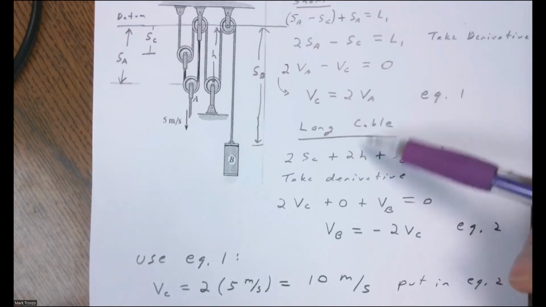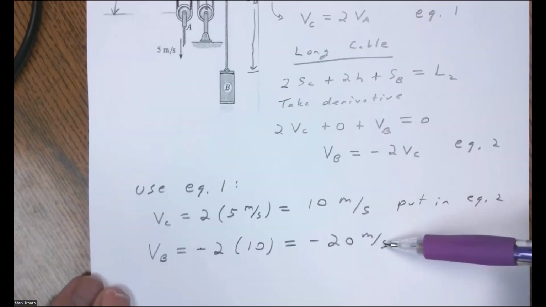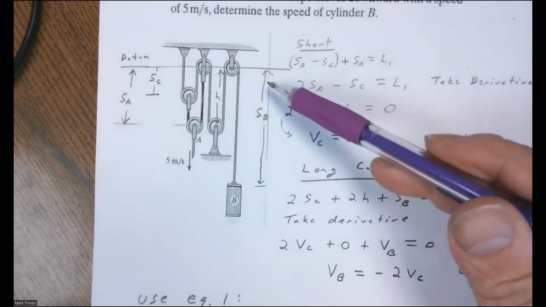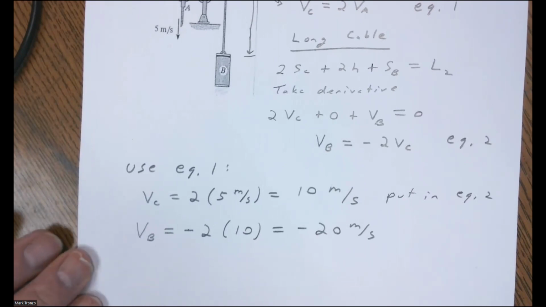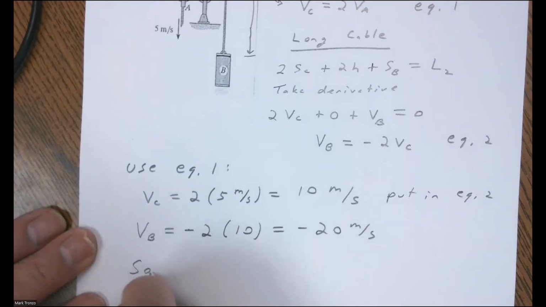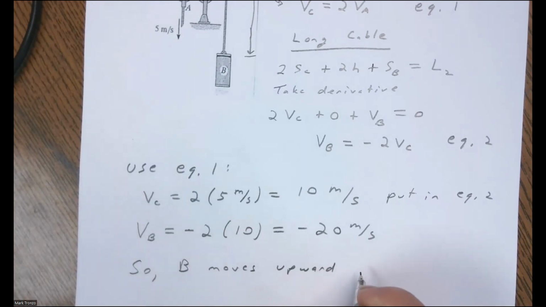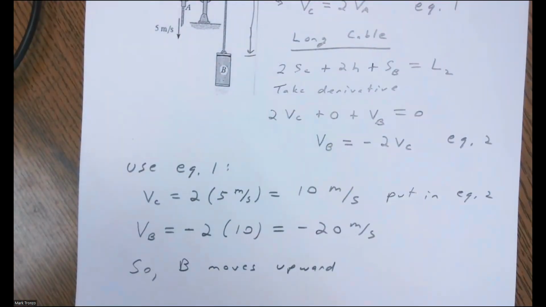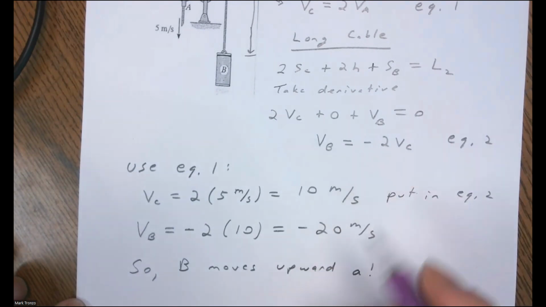So VB is negative, so that means it's shortening. If this length is getting shorter, it means B is moving upward. So B moves upward at 20 meters per second.